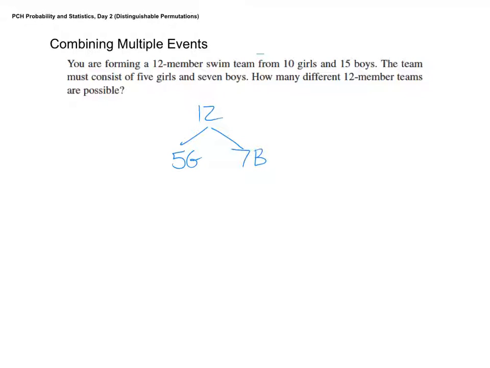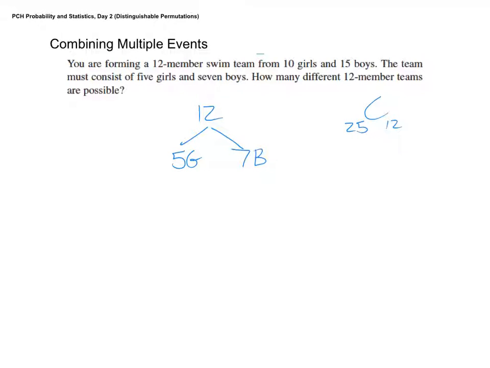So we have 25 people total, we only want 12. So the tendency is to think, oh, well, I have 25 people, so I'm going to do 25 choose 12. No. Now tell me why that's wrong.